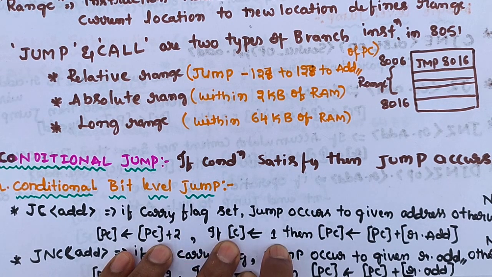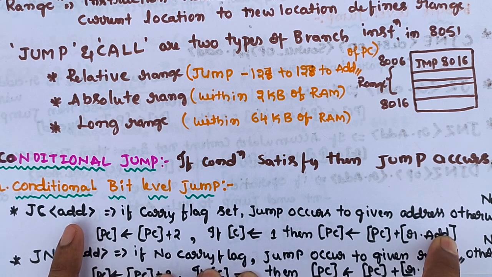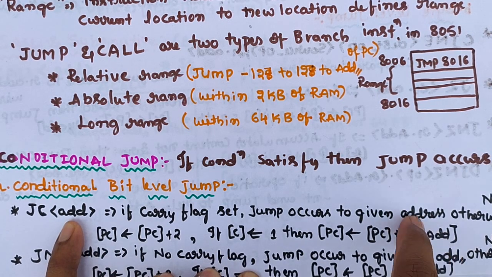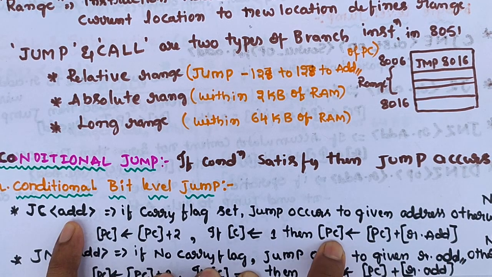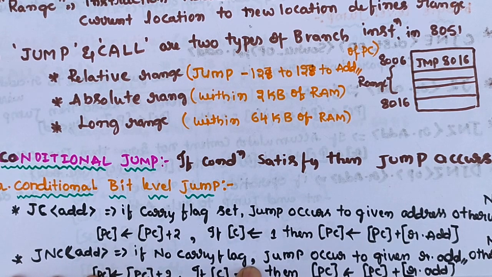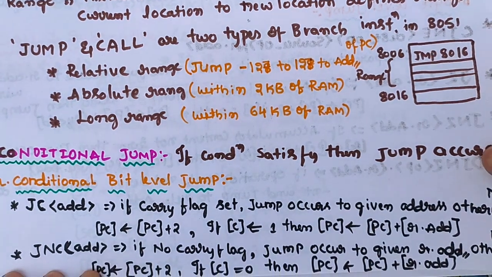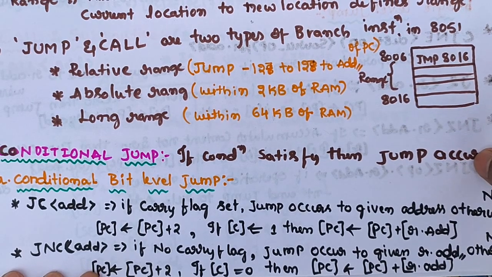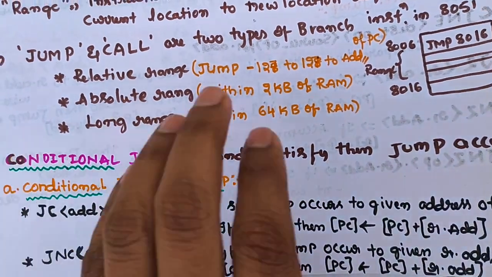If carry is set, then the program counter is added with the relative address mentioned here, and it is loaded into the program counter. Similarly, contrary to that, JNC: if the carry flag is not set, the jump will occur and it will go to the relative address, otherwise it will execute the next instruction.